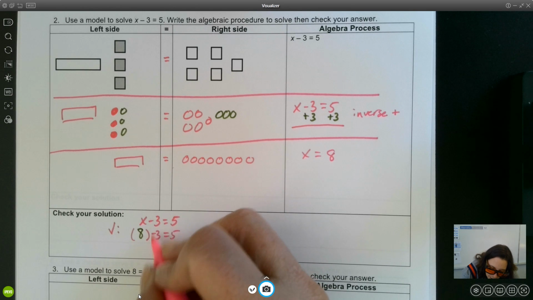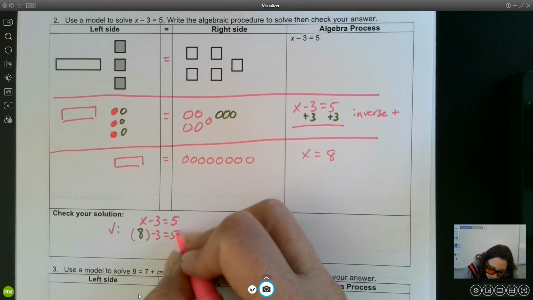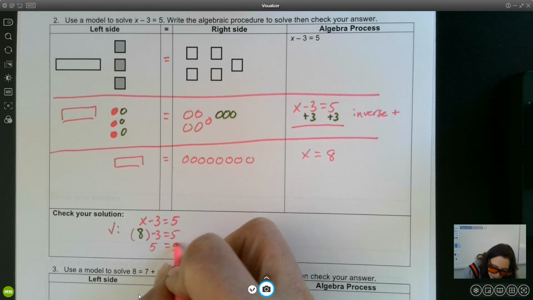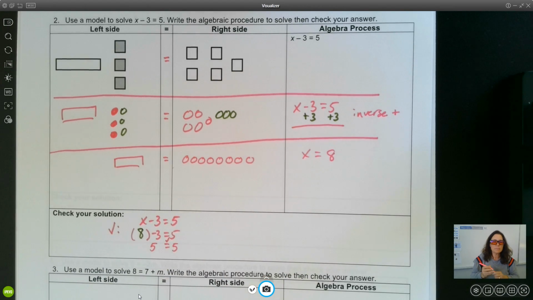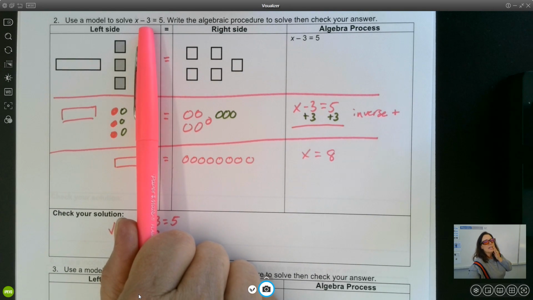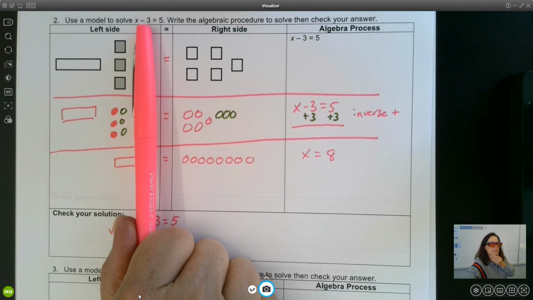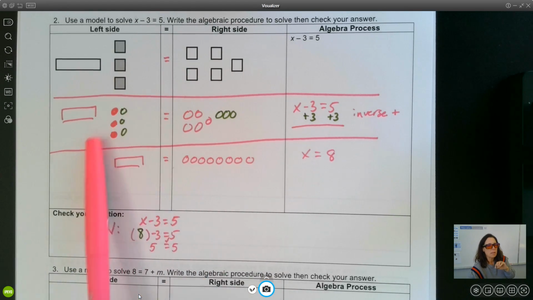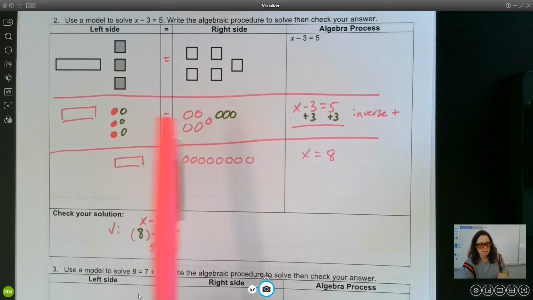You handle everything on this side, and then everything on this side. So 8 minus 3 is 5. Is that equal to 5? Yes, it is. Probably from second grade, if someone asks you what minus 3 would get you 5, you know that's 8 right away. But we have to start really easy to understand this modeling process.